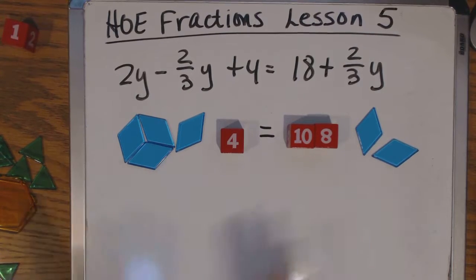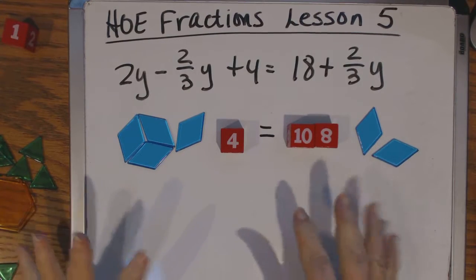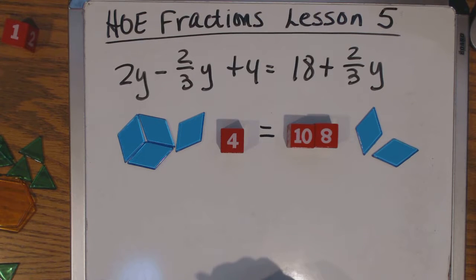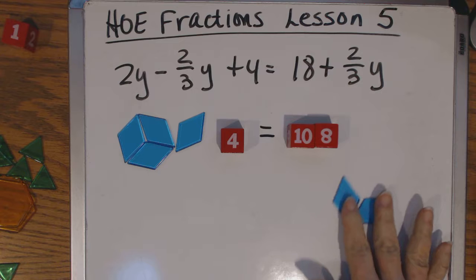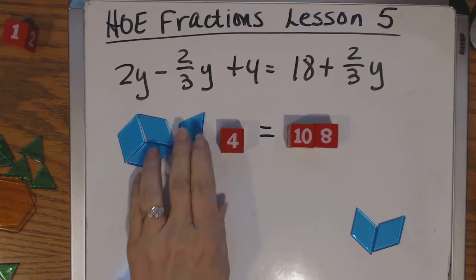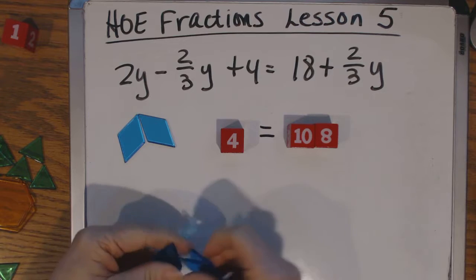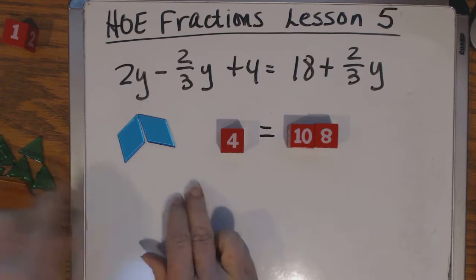So this one, if you set it up this way with not having mixed pieces, or we're talking about fractions with mixed denominators, it's going to be easier to solve my equation. So I'm going to take away 2/3 from the right, take away 2/3 from the left, and that leaves me just with my thirds on the left.